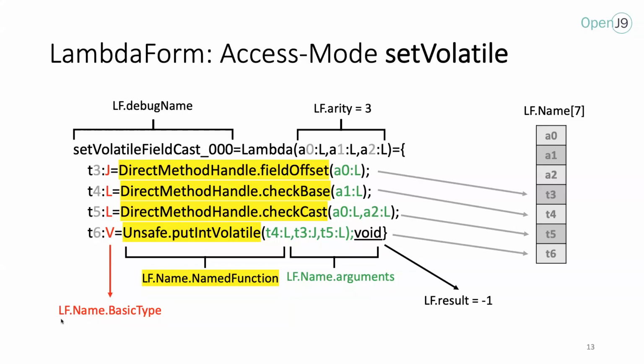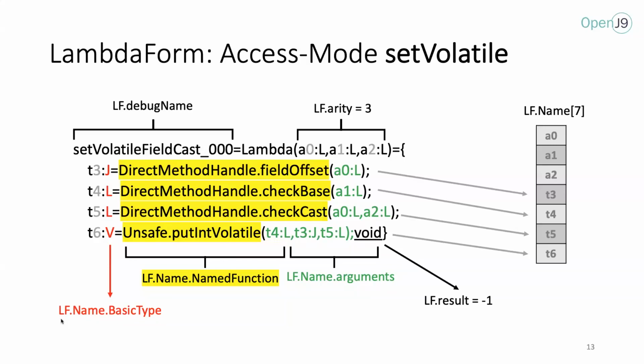A brief overview of a Lambda form: it's going to have a name, it's going to have an arity, which defines the number of input arguments that this Lambda form is going to take. And then there's going to be a number of temporary expressions, which will have a type associated to it and the function that it's going to call, along with the arguments that are going to be passed to that function.